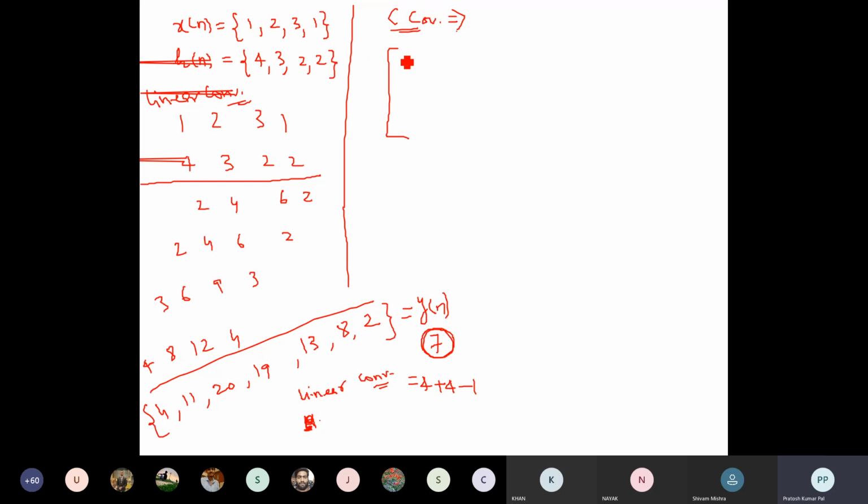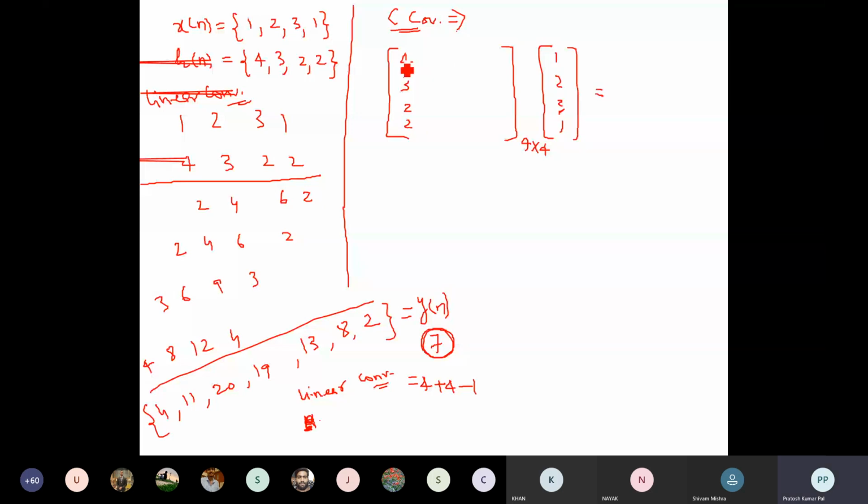So suppose the first sequence we are taking is h[n]. So we will write first 4, 3, 2, 2, and it will be a 4 cross 4 matrix, and it will be multiplied by the other sequence, that is x[n], 1, 2, 3, 1.